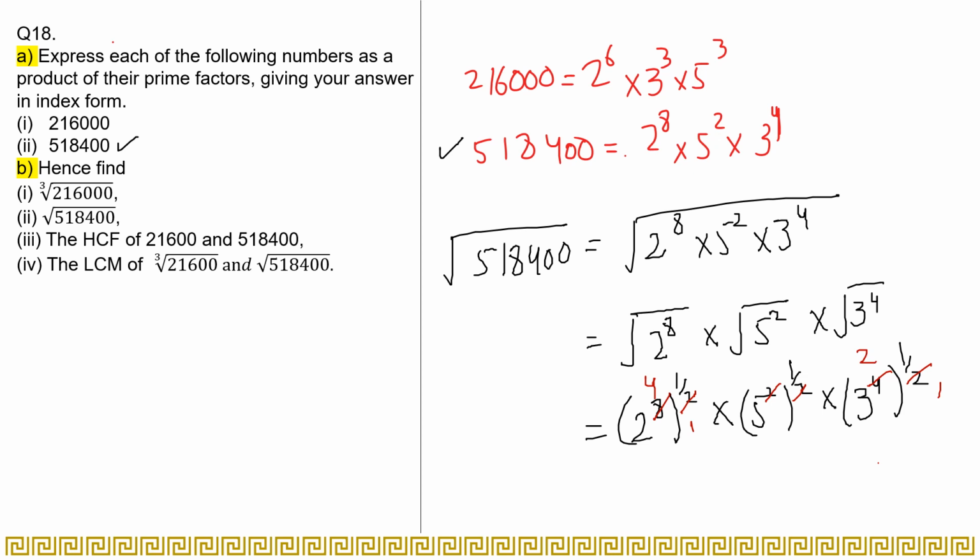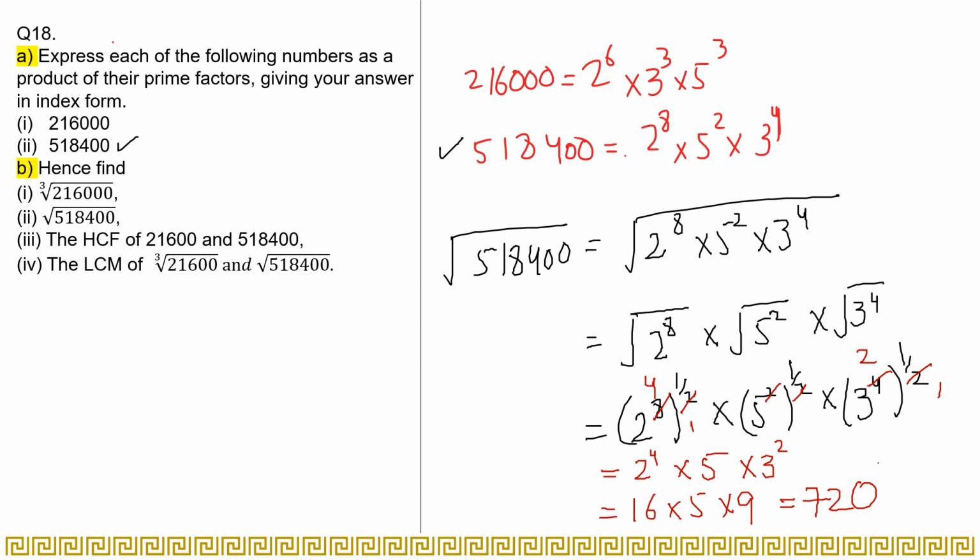Now I can write the remaining terms as 2 to the power 4 and just 5 and 3 to the power 2. And what will I get? 2 2 is 4, 4 2 is 8, 8 2 is 16, 16 here, then 5, then 9. Now you have to multiply 16, 5 and 9. 16 multiplied by 5 multiplied by 9 and you will get 720, right?